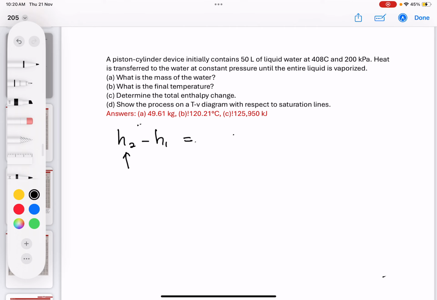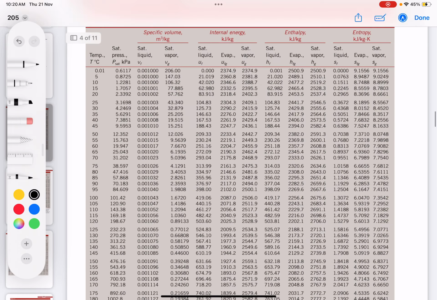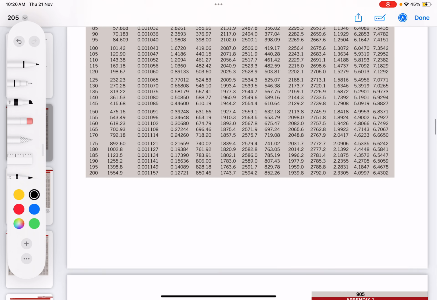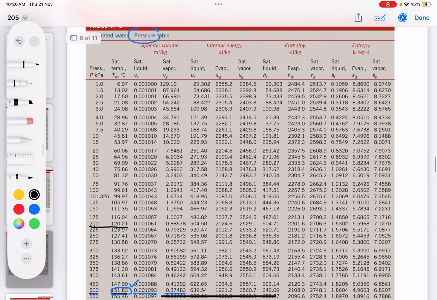h2 here is for Hg at 200 kilopascal minus Hf, and for Hf it's at 40 degrees Celsius. Hg, because it was saturated vapor at 200 kilopascal, I need to find the Hg enthalpy.